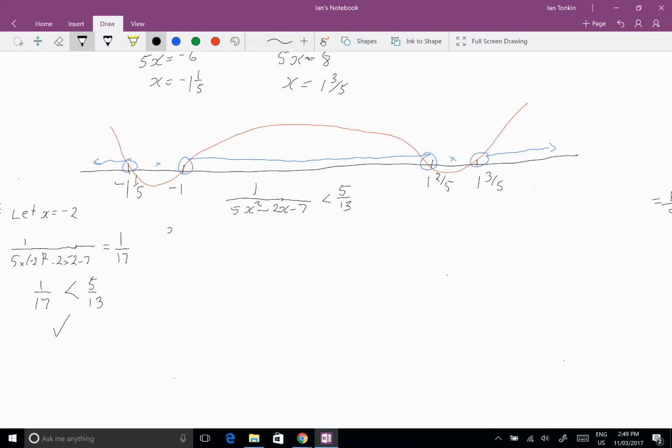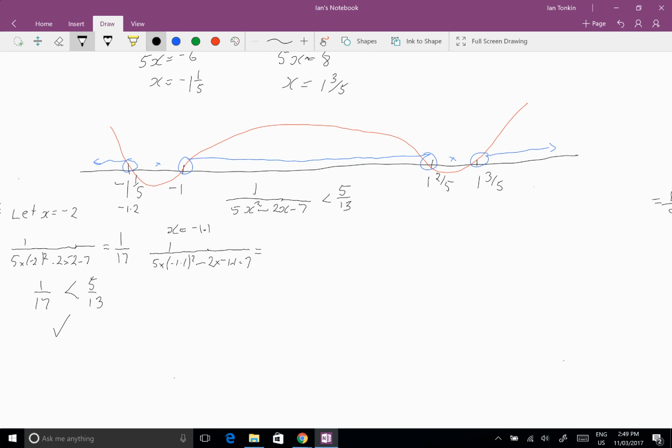Let's let x equal somewhere between those two. Now, negative 1 and 1/5 is negative 1.2. So I'm going to let x equal negative 1.1. And if I put that in, I get 1 on 5 times, and again, put the negative 1.1 in parentheses, squared, minus 2 times negative 1.1 minus 7.